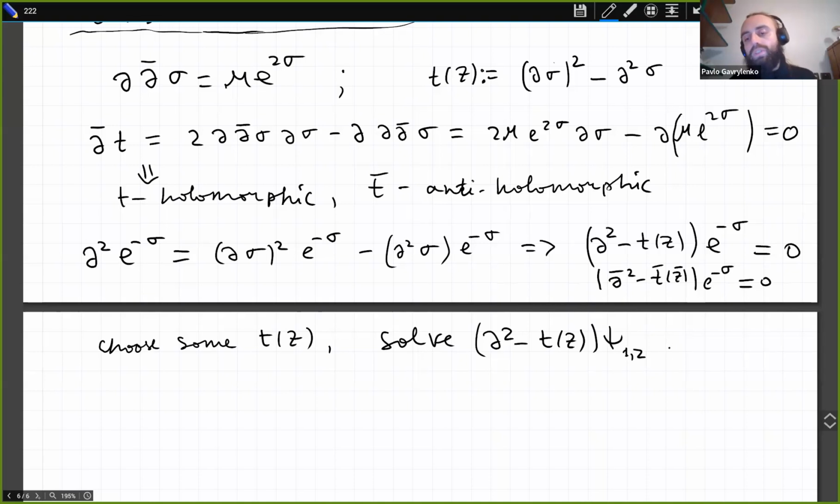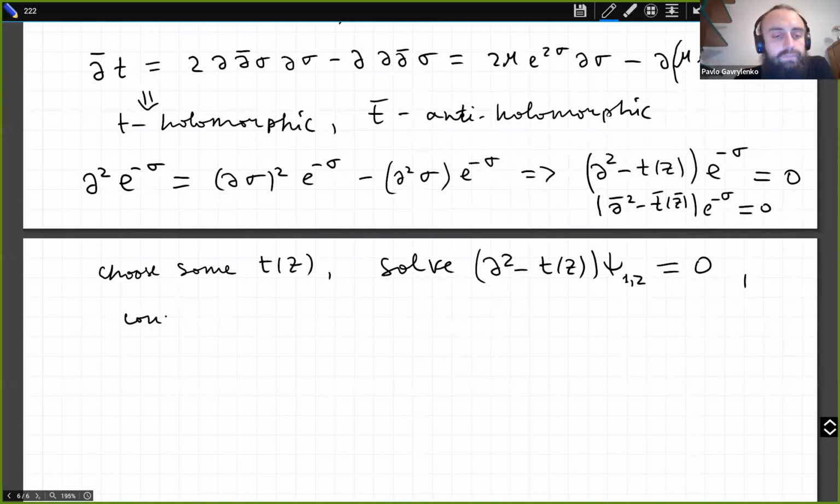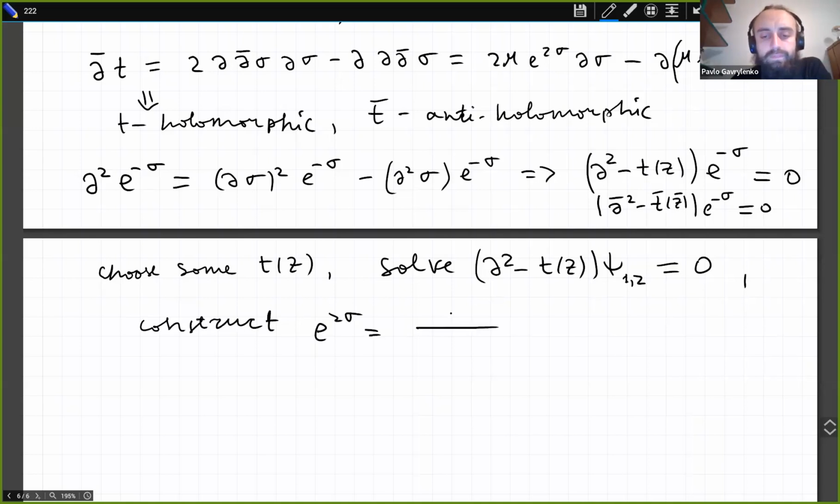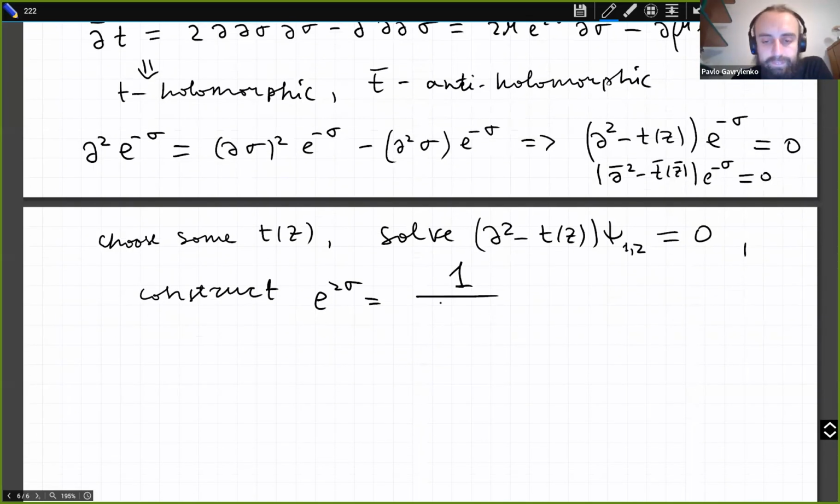Find two solutions of this equation, and then construct such a formula for the metric.